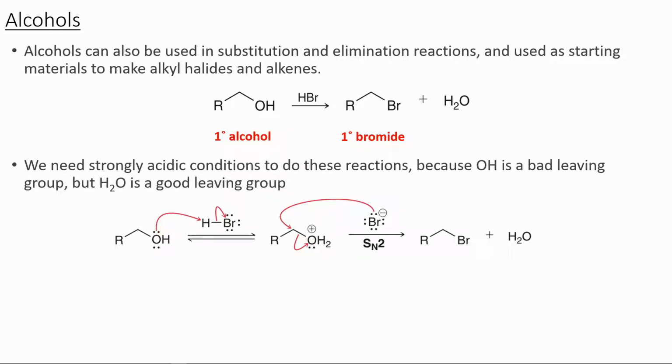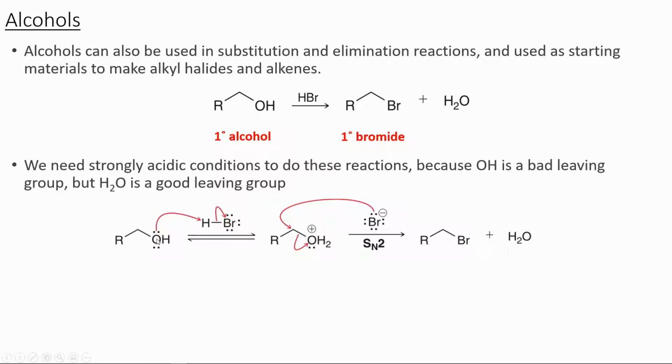Alcohols can also be used as starting materials in substitution and elimination reactions to make alkyl halides and alkenes. A 6th reaction that we'll learn in this chapter is to convert a primary alcohol to a primary bromide using HBr as a strong acid.